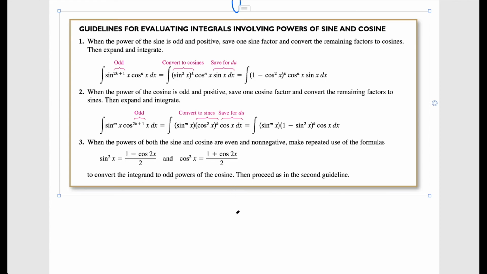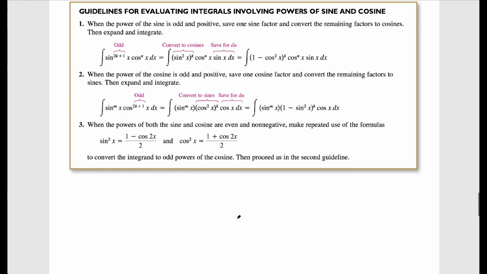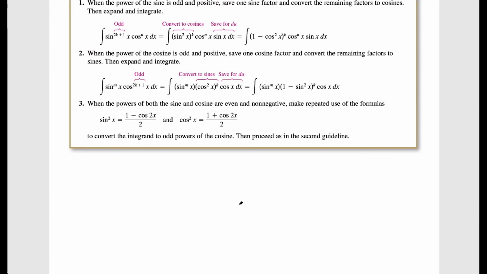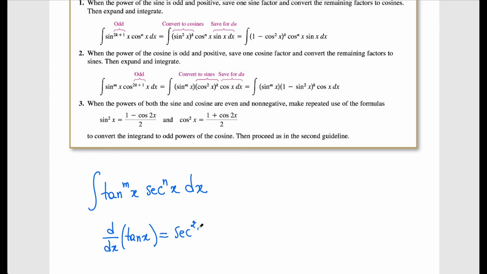Okay. All right. So the same process can also be applicable if we want to integrate functions that look like tangent of mx sec nx dx. Because if you differentiate tangent of x, you obtain secant squared, right?